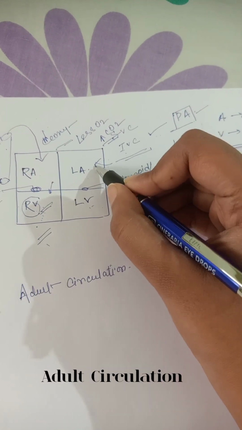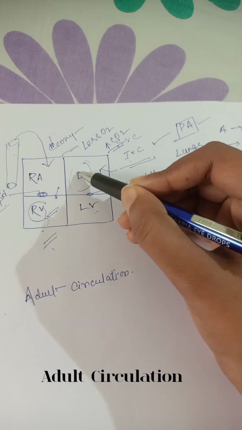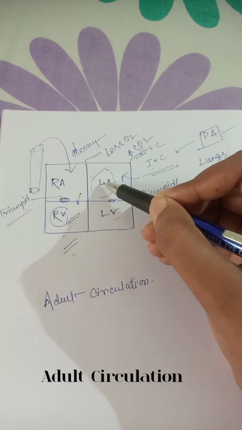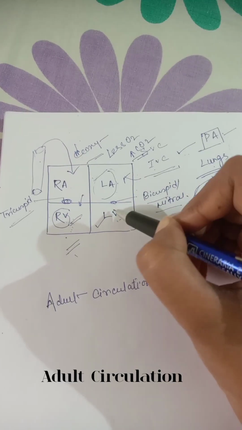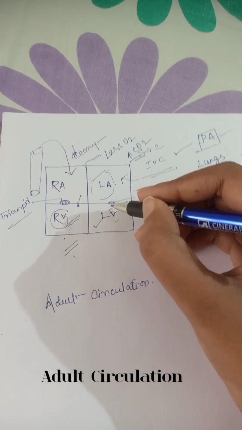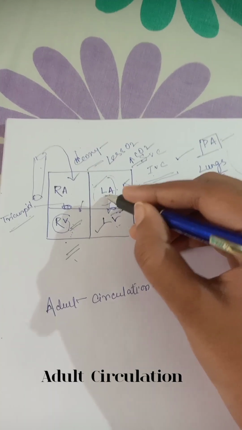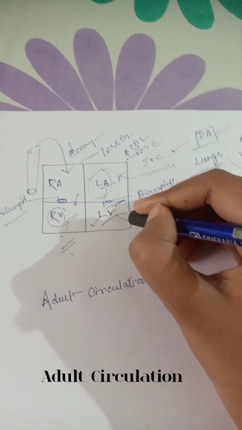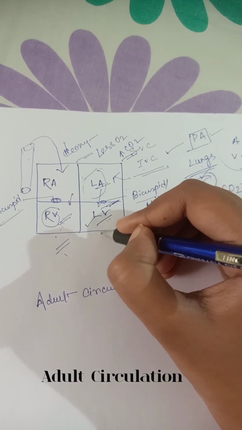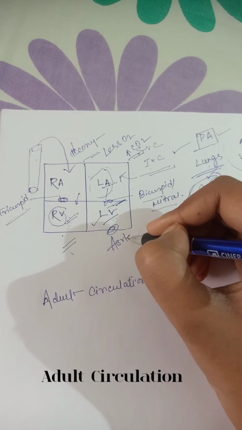Now the oxygenated blood is present in the left atrium. What will happen next? From the left atrium, the blood will flow into the left ventricle through the bicuspid or mitral valve. That valve will open and the blood will flow from the left atrium to the left ventricle, and from the left ventricle the blood will spread all over the body by the aorta.